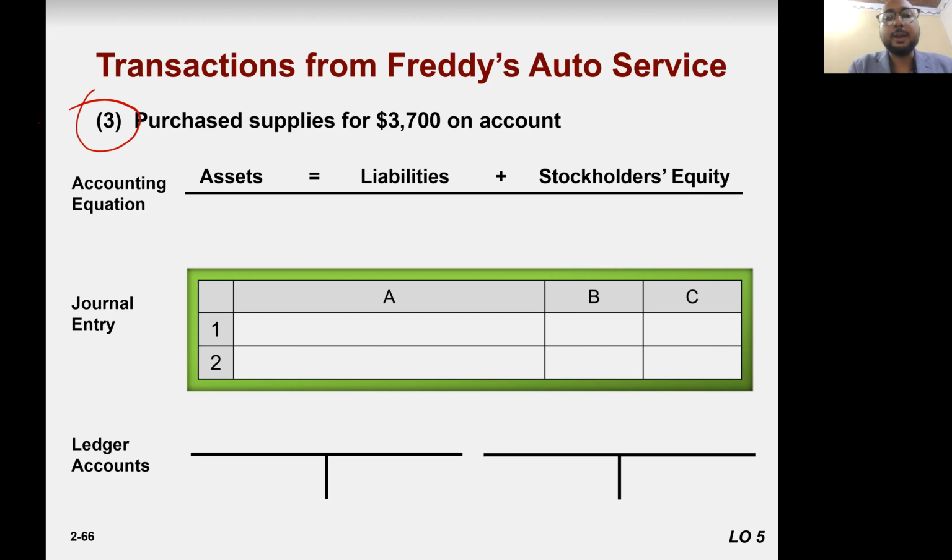Now the third one. Purchase supplies for 3,700 on account. Which two accounts are going to hit? Think about that. Supplies account and cash account? This is on account, on credit, not for cash.